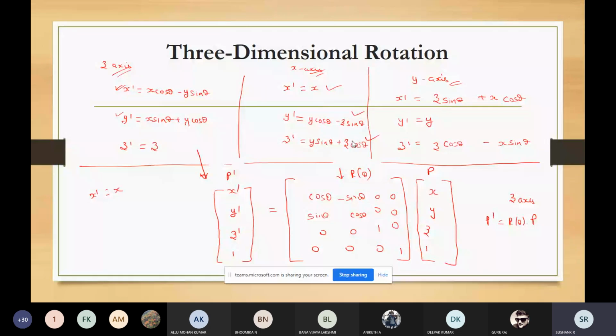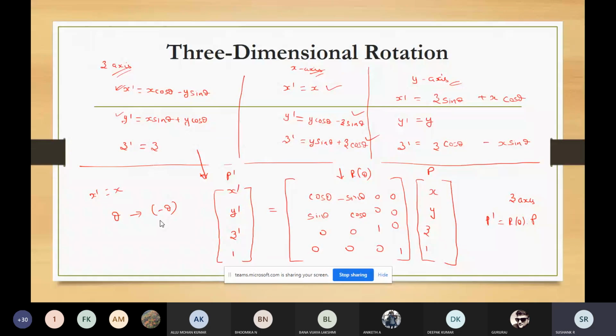Once you represent that, you have to get the matrix in this format. This is regarding the clockwise direction. If you want to perform the inverse rotation of this matrix, replace this theta with minus theta. Then you will get the inverse rotation of the current matrix.